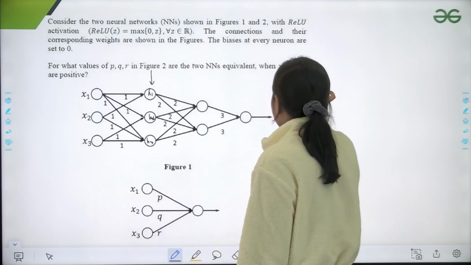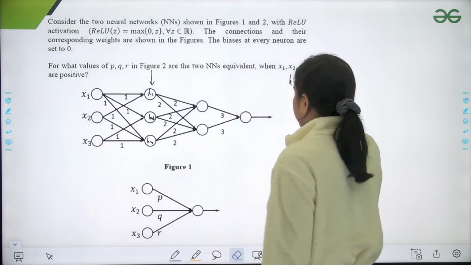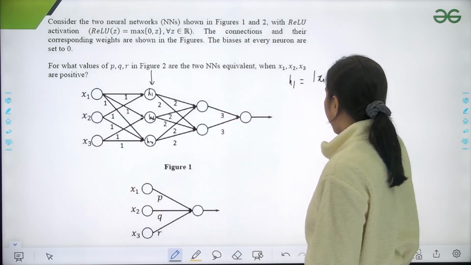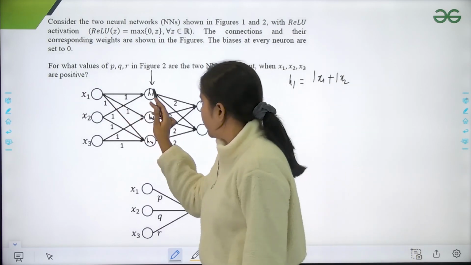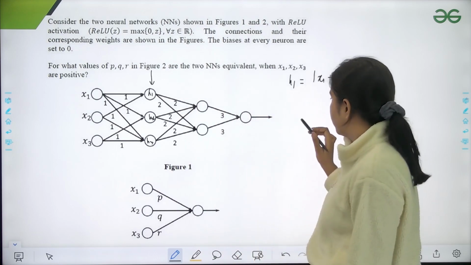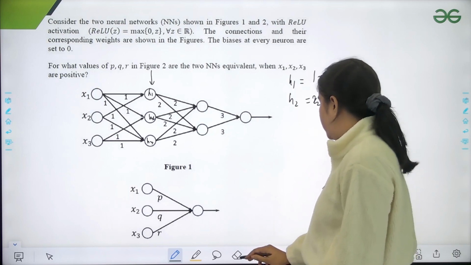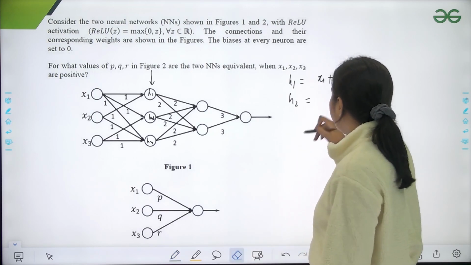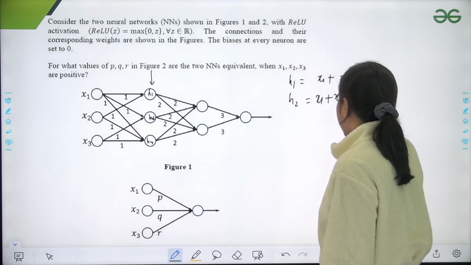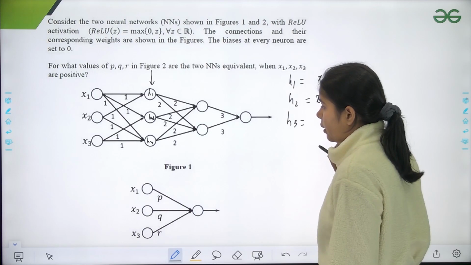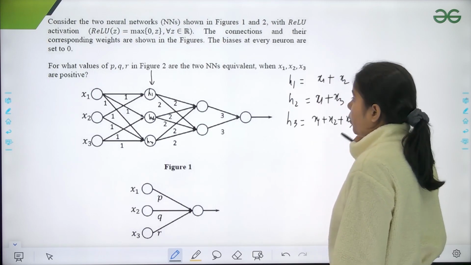Then h1 would become, you can see that h1 is getting from x1 and x2, so 1 into x1 plus 1 into x2. h2 would be x1 plus x3, and h3 would be x1 plus x2 plus x3, right, because we are getting from all the values.